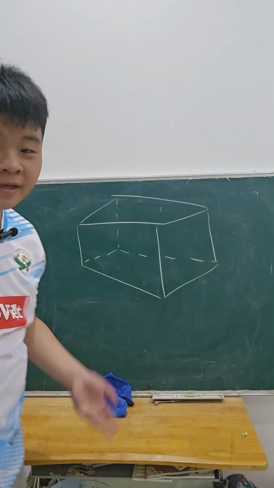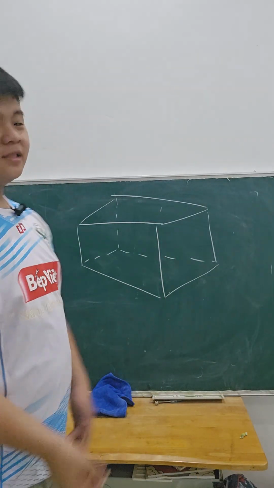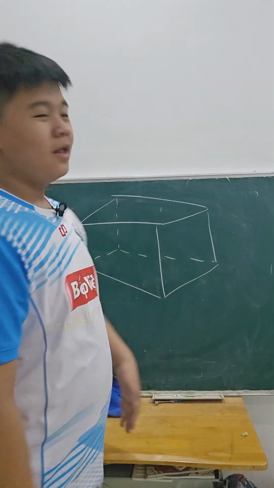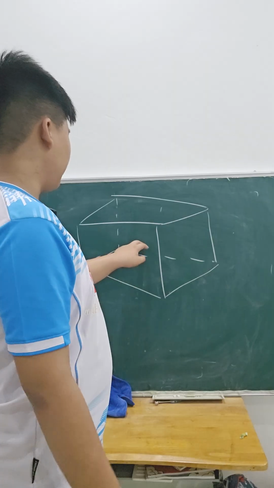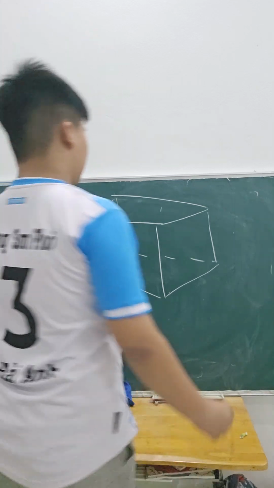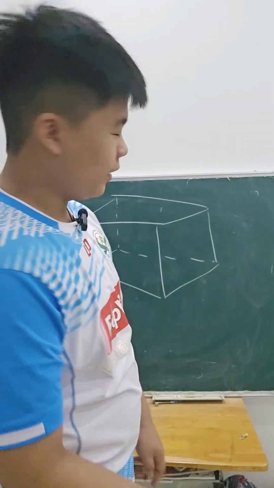Looks kind of weird, but okay. Because it's a cube, it looks like a rectangle. All of it has 1, 2, 3, 4, 5, 6 squares. Let's say the square area of one square is 6 meters squared.